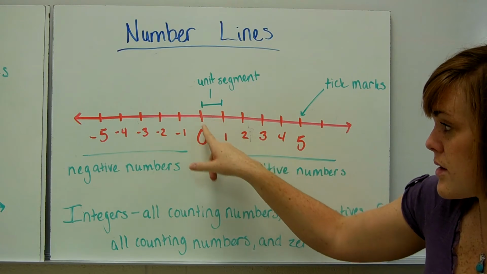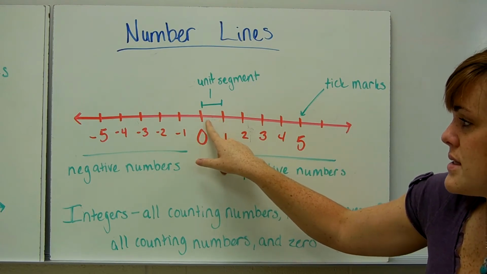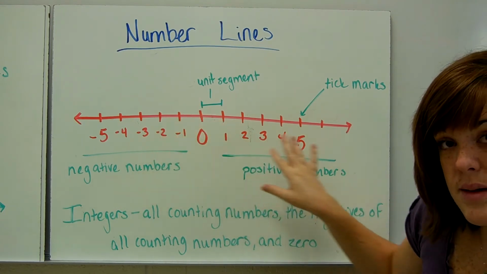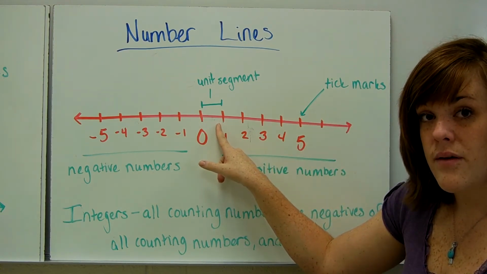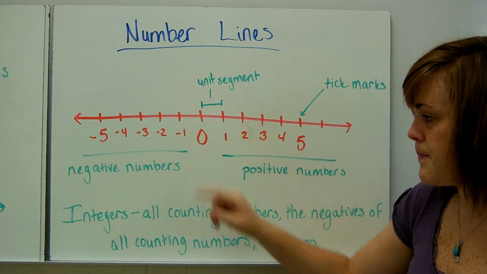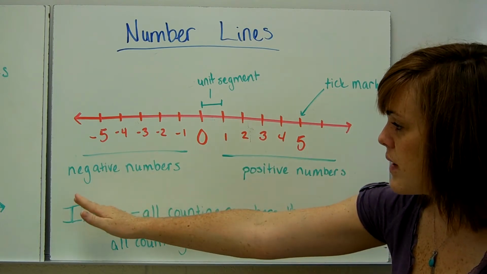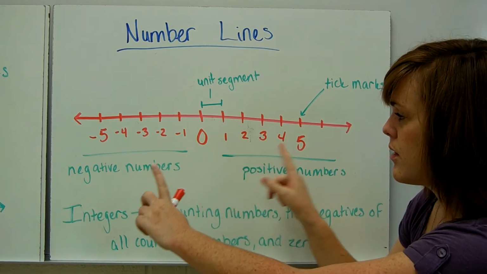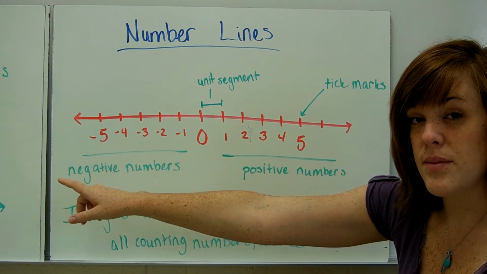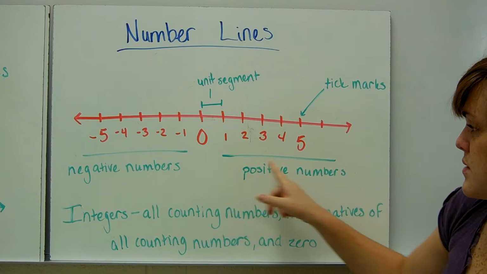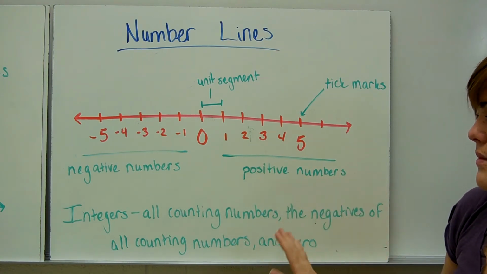So these are called tick marks, and then this is a unit segment. In this number line, a unit segment has a distance of 1. Or a unit segment is 1. On this side of 0, we have negative numbers. You see they mirror the positive numbers, so the further we went that way, the larger the negative number would be. And then these would be your positive numbers.